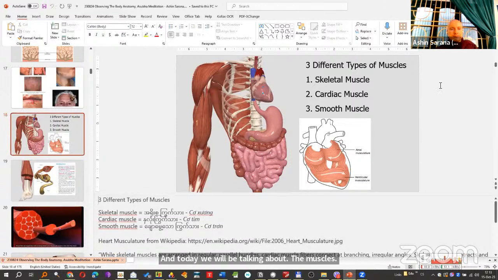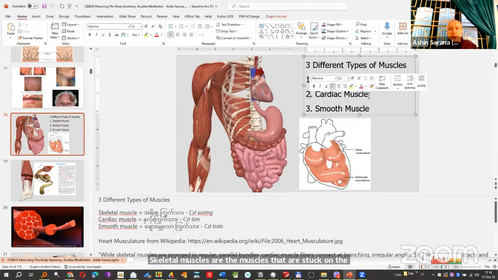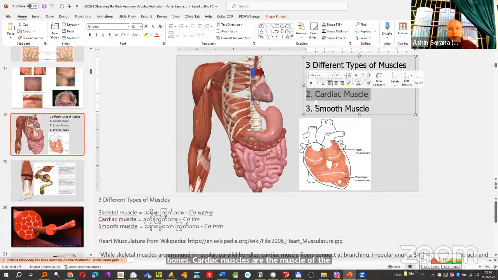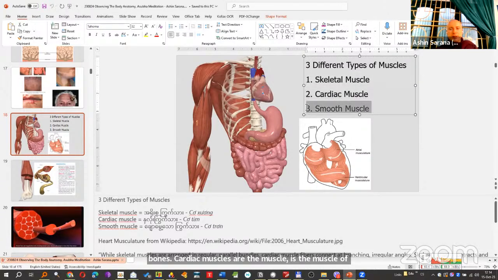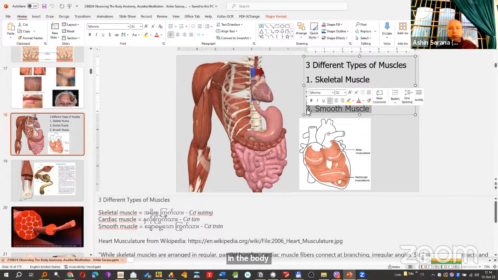So there are several kinds of muscles. Skeletal muscles are the muscles that are stuck on the bones. Cardiac muscles are the muscle of the heart. And smooth muscle is the muscle of the intestines and veins and other tubes in the body that need to push things forward.